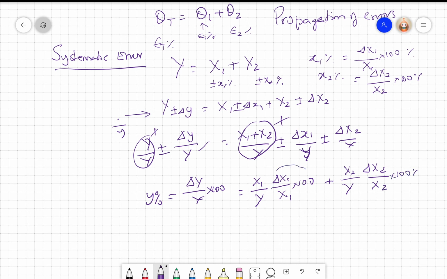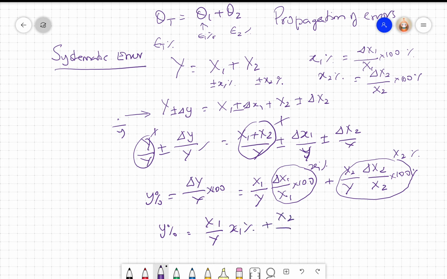Now we know what this is. This is x1%. What is this? x2%. So I can now write y percent is equal to x1 by y into x1 percent plus x2 by y into x2 percent.